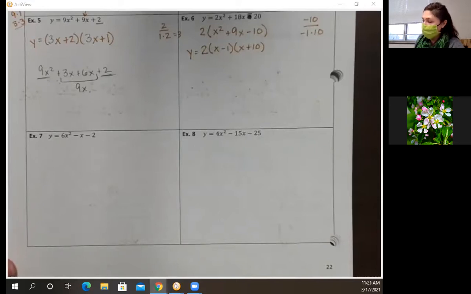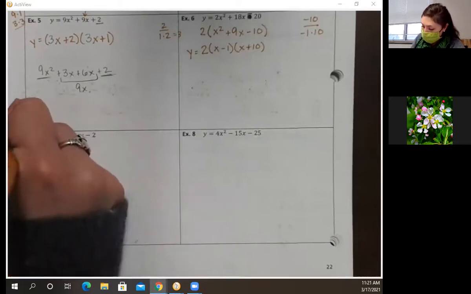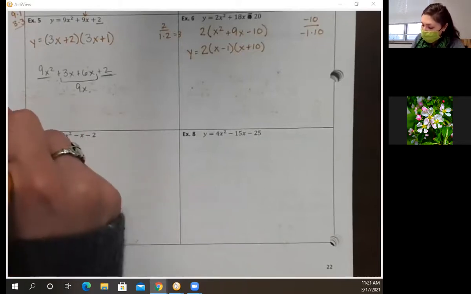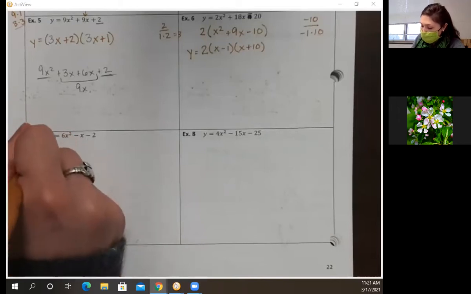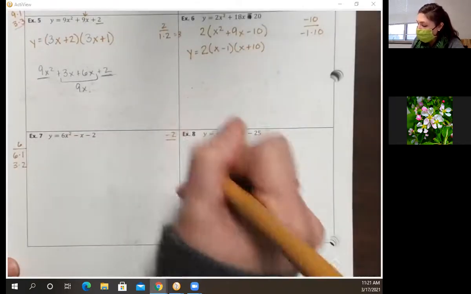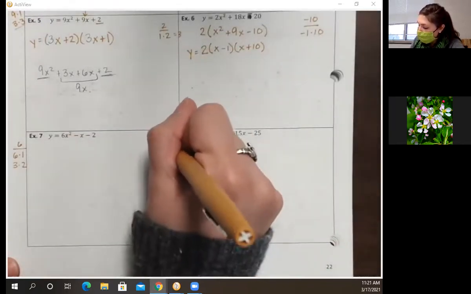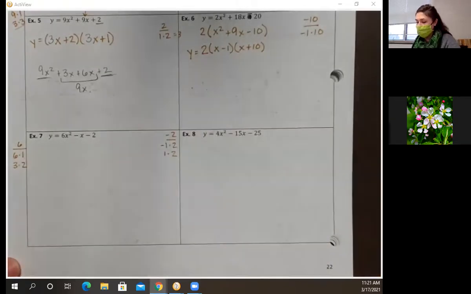For example 7, our lead coefficient is not prime. So to get 6, I could have had 6 times 1 or 3 times 2. To get -2, our C value, that could have been -1 times +2 or +1 times -2.